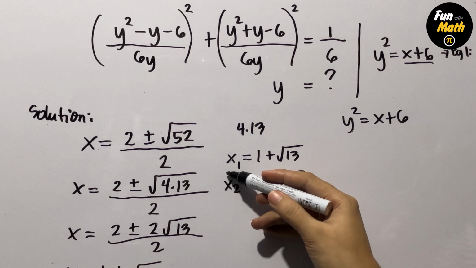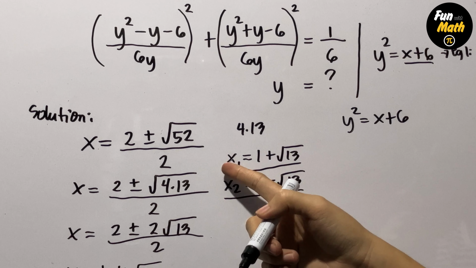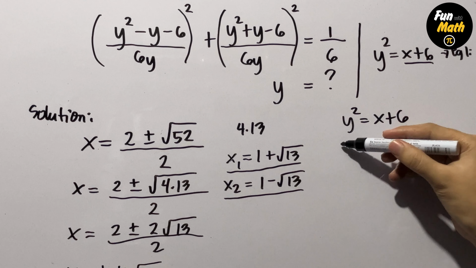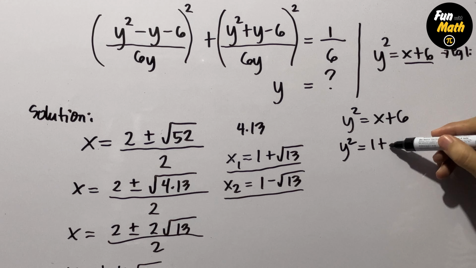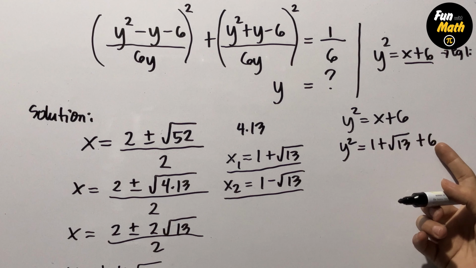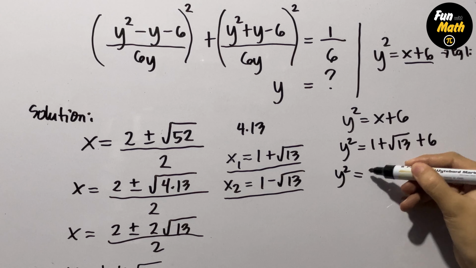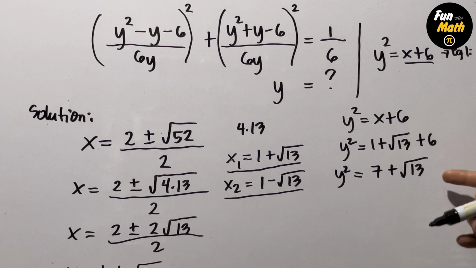Now let's substitute every value of x. So x sub 1, we have 1 plus square root of 13. So this is y squared is equal to 1 plus square root of 13 plus 6. And now 1 plus 6, that is 7. So this is now y squared is equal to 7 plus square root of 13.